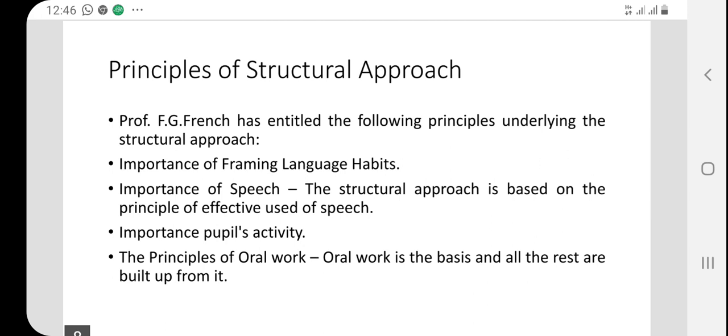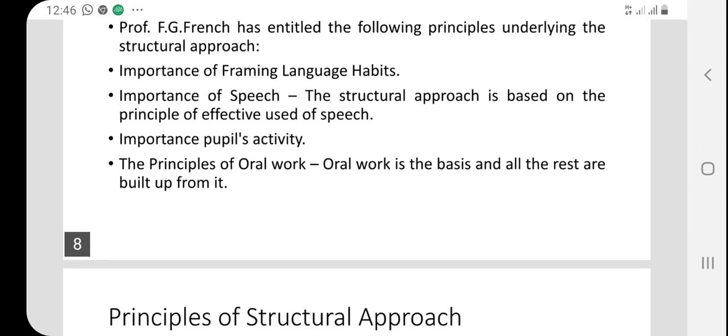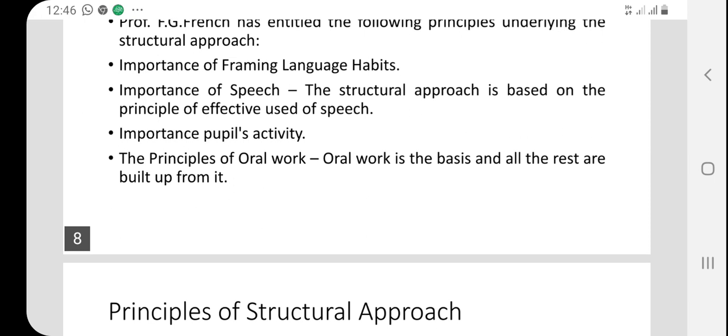Then the importance of students' activity is again important. Then we have oral work as the basis, and the rest is built up from it. Whatever work has been assigned starts from your communication, and the rest of the things move after that.